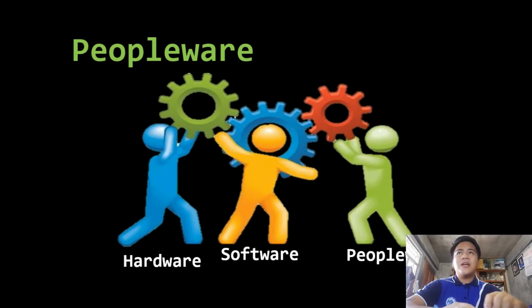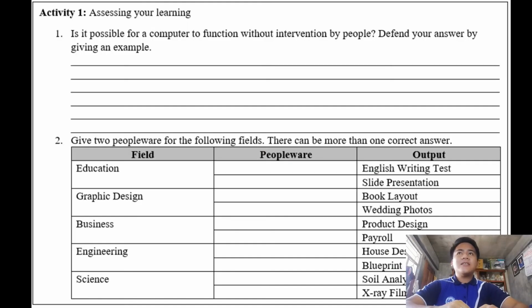Don't forget to answer your activity, assessing your learning, which is you're going to answer number 1, that is essay, and of course for the number 2, you're going to identify the peopleware based on their field and on their output. So example will be field education. So sino ngayon sa tingin ninyo ang gumagawa ng mga English writing tests?